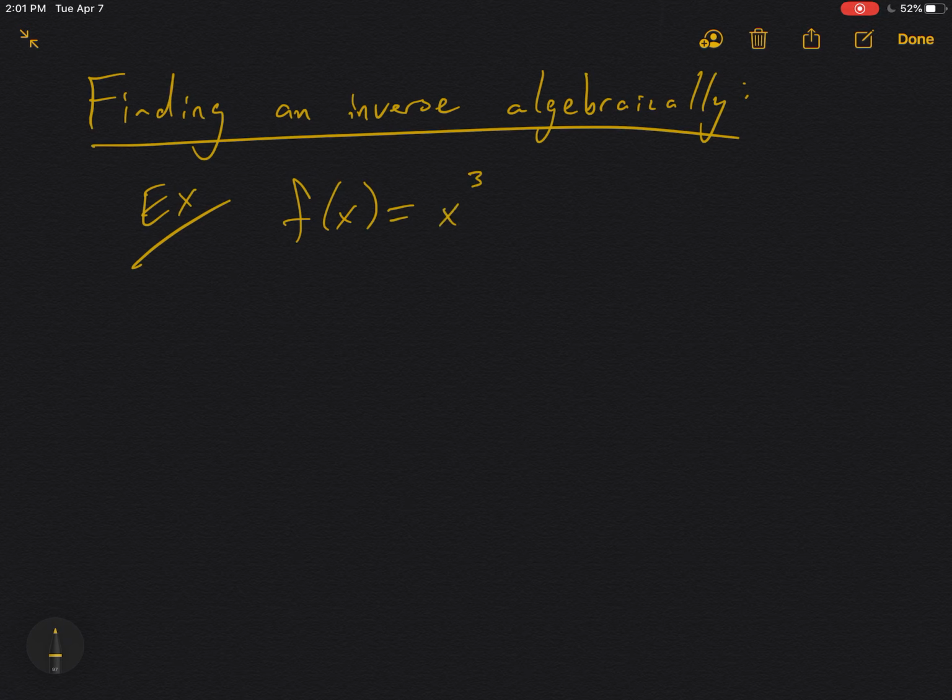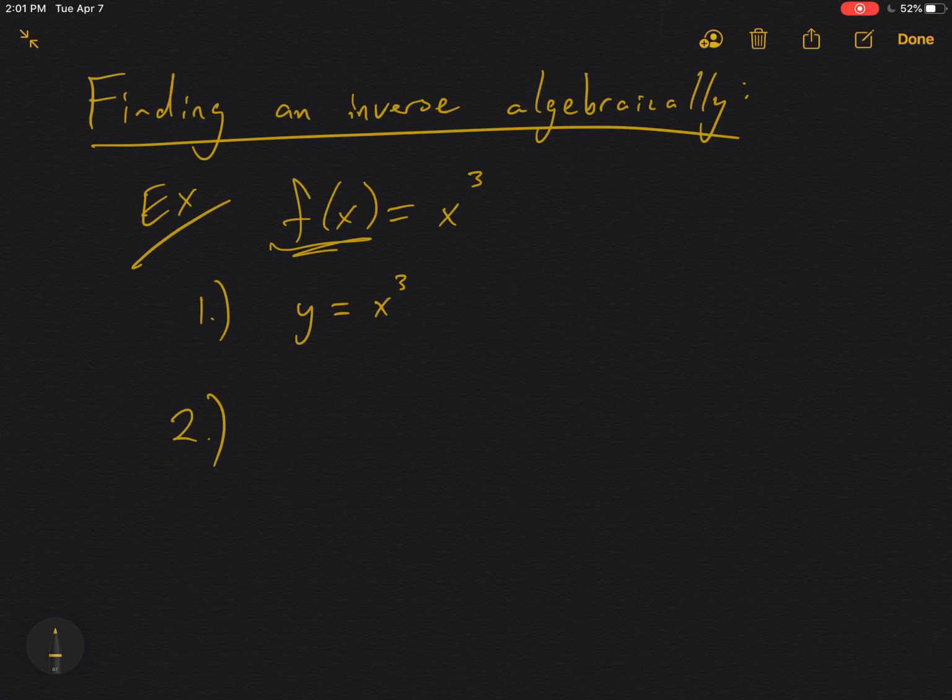Let's say that the function that we want to invert is f of x is equal to x cubed. Our first step is to rewrite this as y as a function of x, rather than whatever original name we had for our function f. So here I would write y equals x cubed.